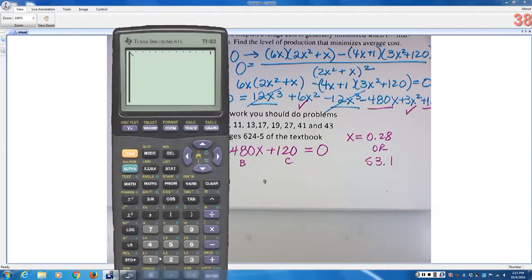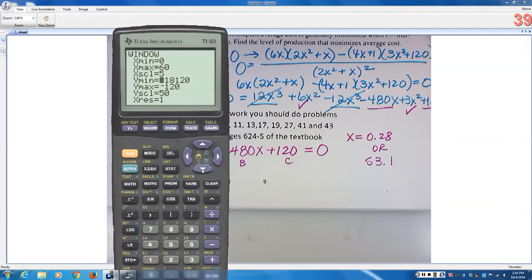Let's see what we find. Okay, apparently we're not finding anything because it's staying on negative y.